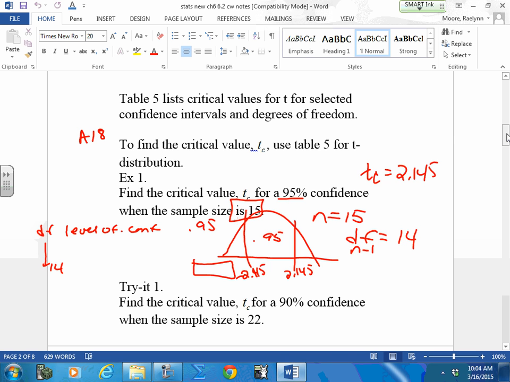So what's our critical value? You have to look at the big table. Okay. 90, so you go to 90. Degrees of freedom, 21. 1.721. Oh yeah, 1.721.